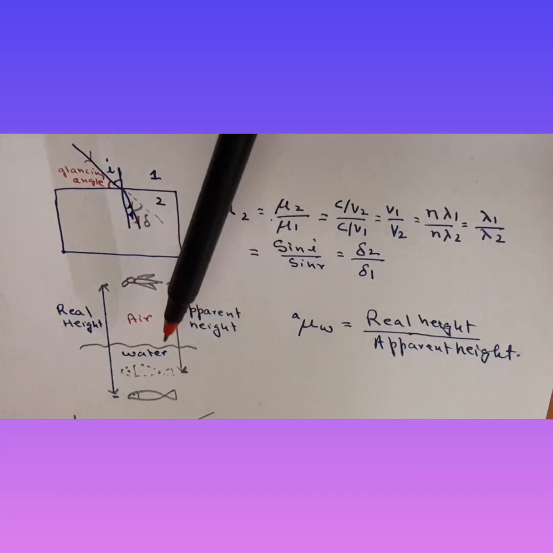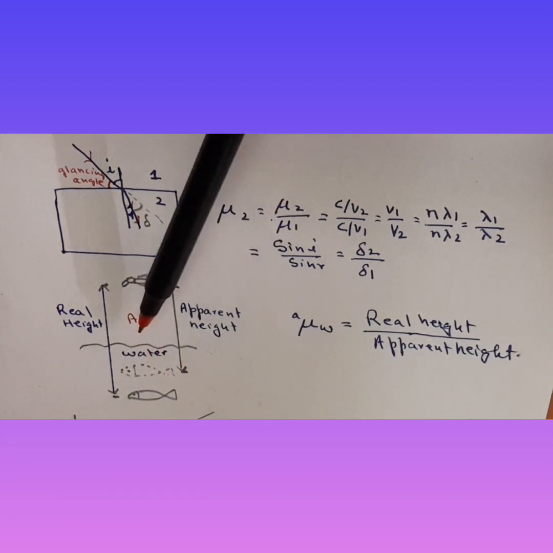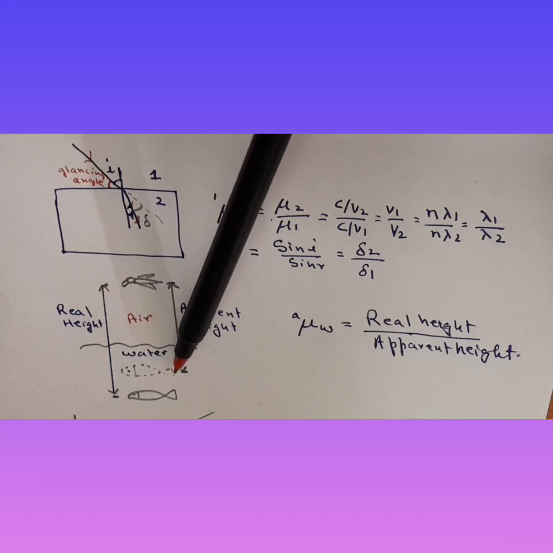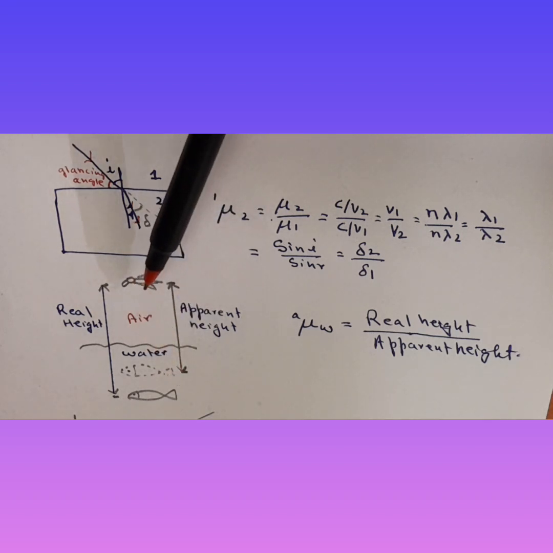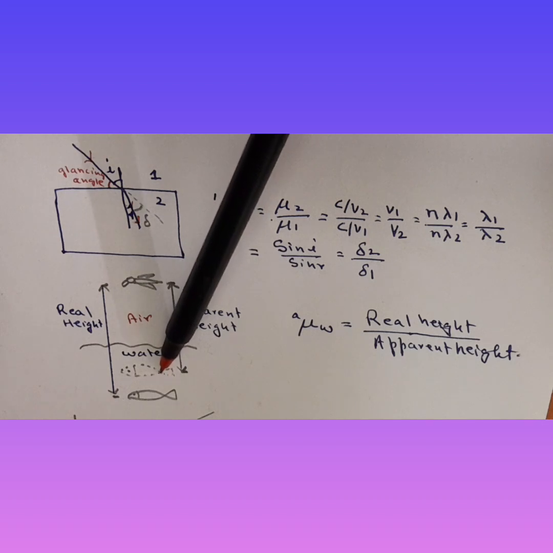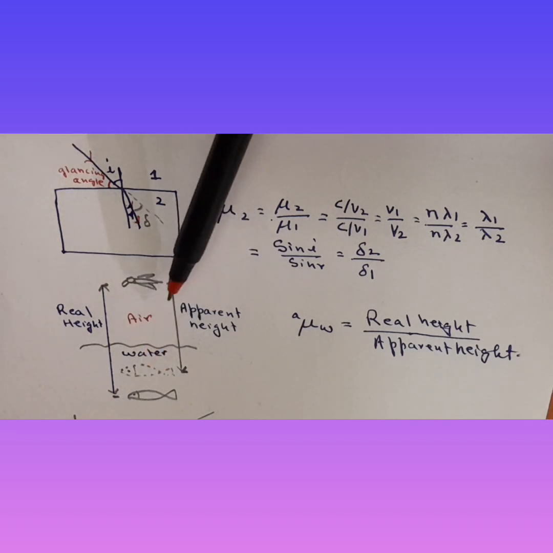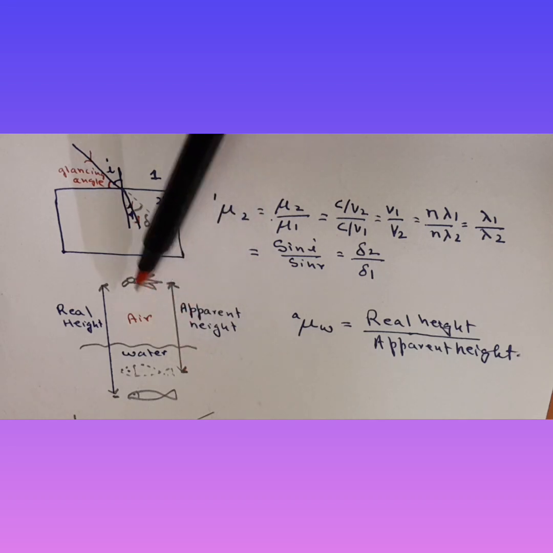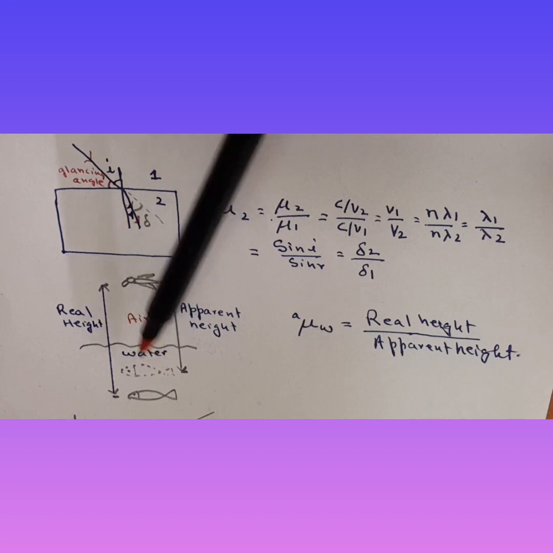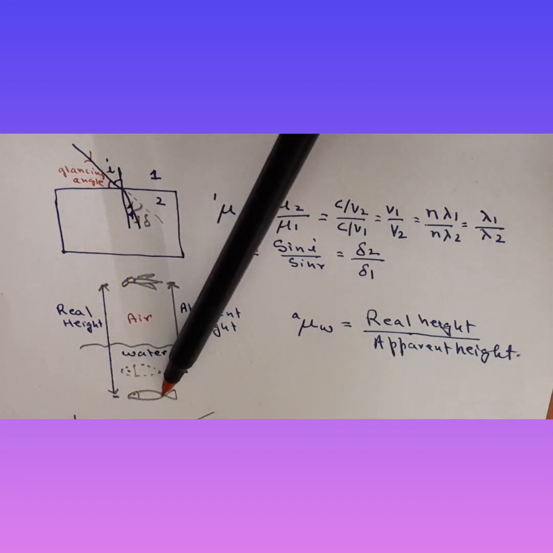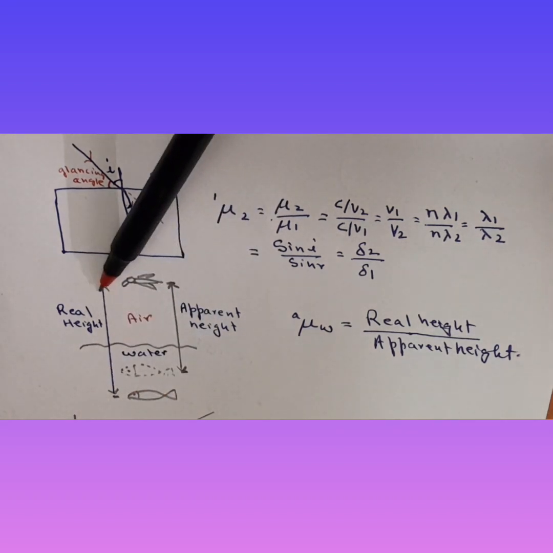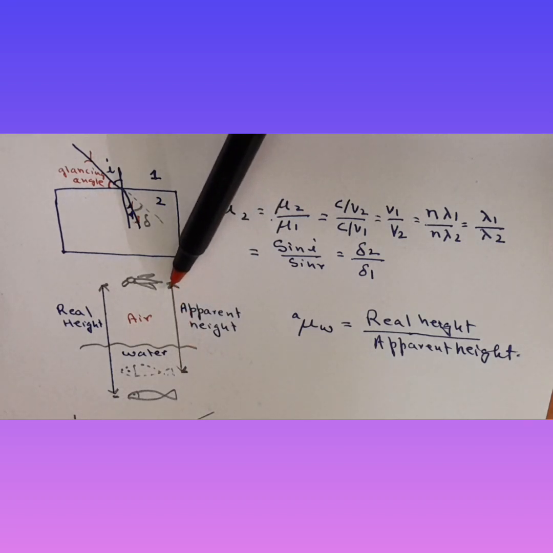But since there is a change in refractive index, rarer medium, denser medium, the crane finds the fish elevated. So this becomes the apparent height. So the crane is finding the fish over here, but actually the fish is over here. So this becomes the real height and this becomes the apparent height.